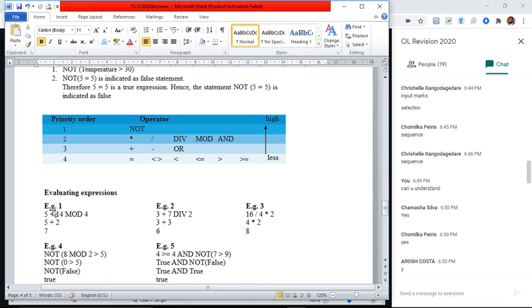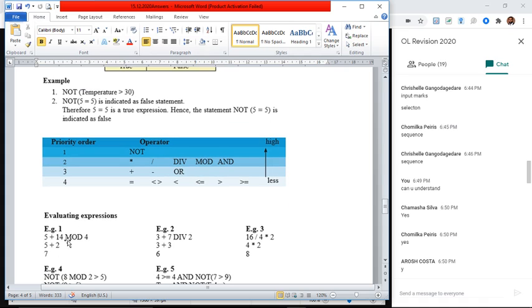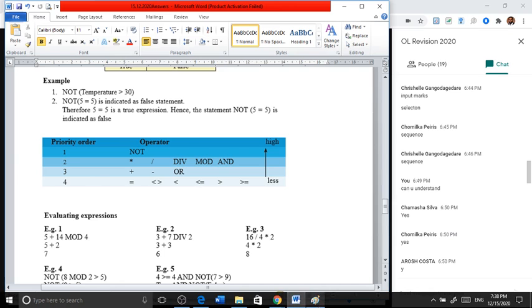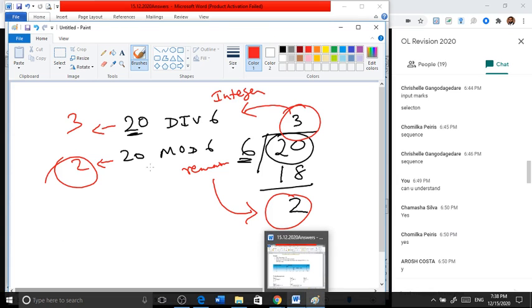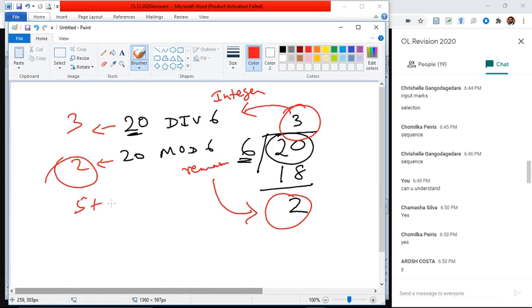So they have given 5 plus 14 mod 4. What will happen? First you have to take the mod. According to the precedence order, you take 14 mod 4. 14 divided by 4, 4 times 3 is 12, and the remainder will be 2.